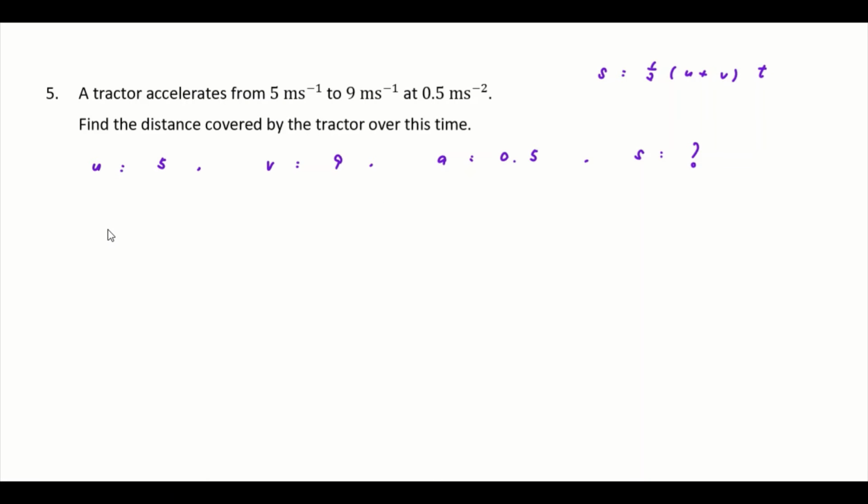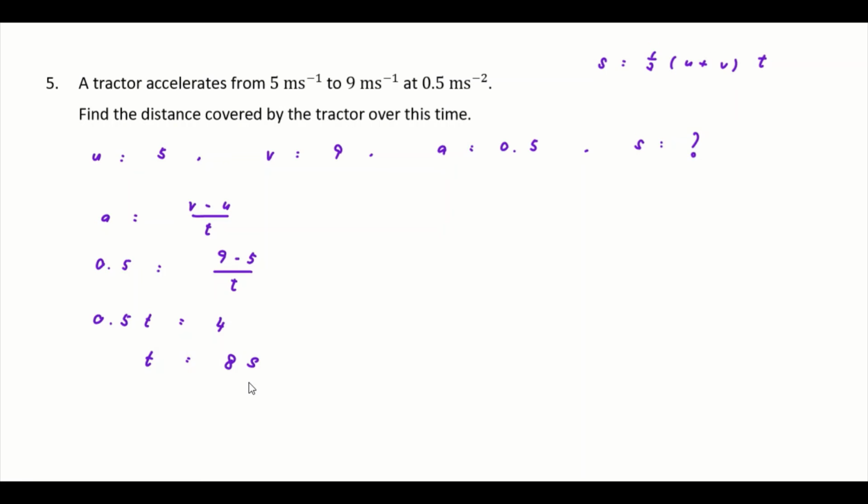Using the formula a equal to v minus u over t, we get 0.5 equal to 9 minus 5 divided by t. So 0.5t is equal to 4, and the time is 8 seconds.